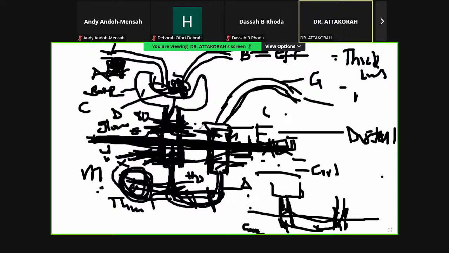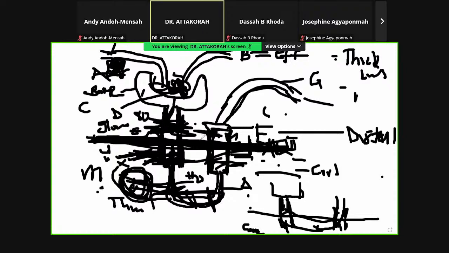Are you getting me? If the boundary is not there at all, then it will be difficult for me to say these cells will move to these cells and join to this. There won't be any differentiation.